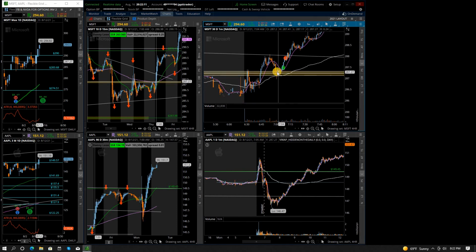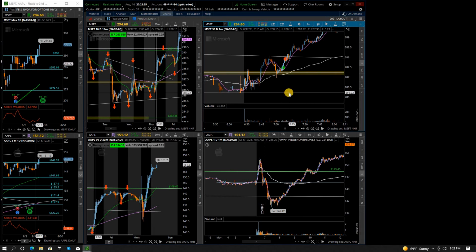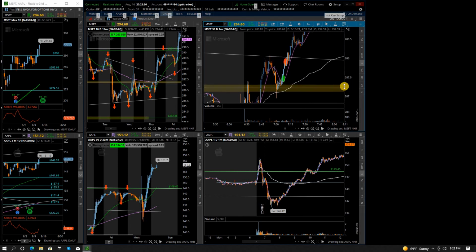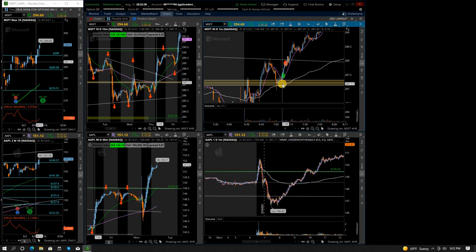The problem was that if this didn't work and kept going down, my bias was so bullish that I would keep adding and adding, and next thing you know I'd be in a huge position upside down, waiting to see what price is going to do. The way to avoid that now is because we don't know if this thing is going to hold. We just assume that's what's going to happen, but we don't know.